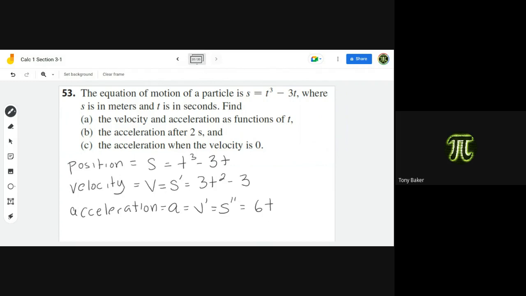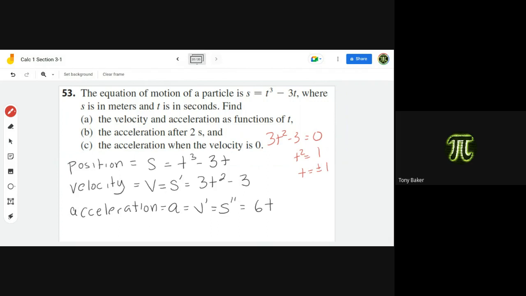So, well, step one, we have to do what? We have to figure out where our velocity is 0, right? So that's the first step. So 3t squared minus 3 equals 0. So t squared equals 1. So t equals plus or minus 1.